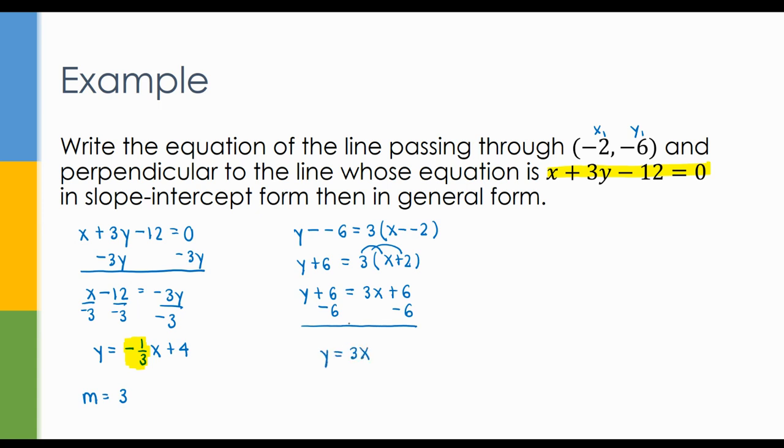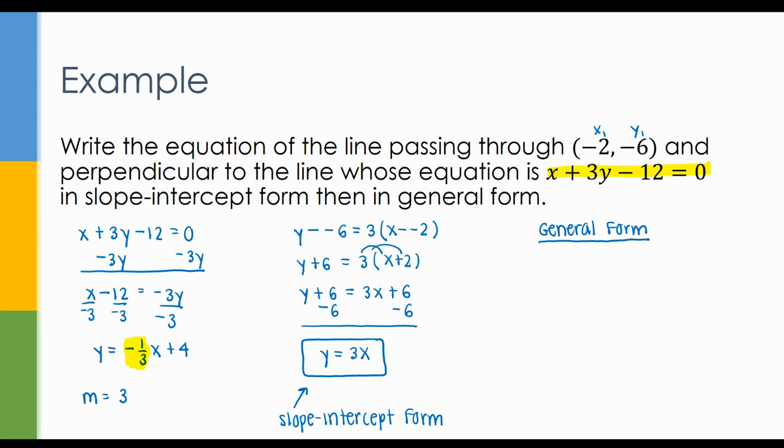You could put plus 0, but you don't really need that. Here is my slope-intercept form. Now, the last thing they're asking for is general form.